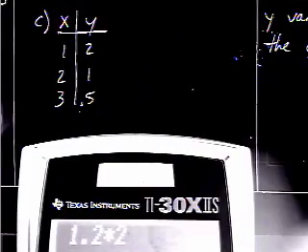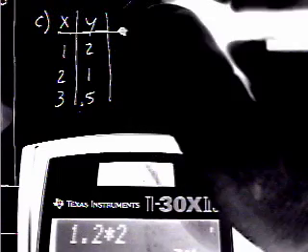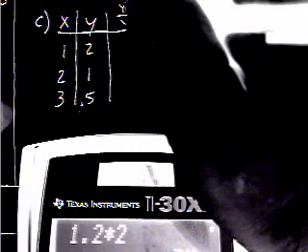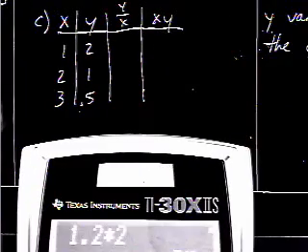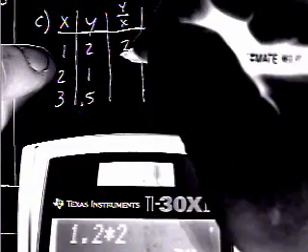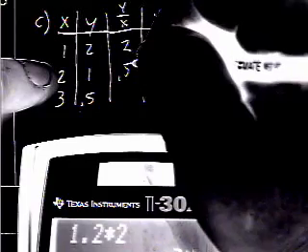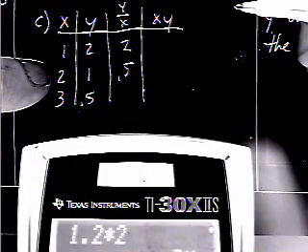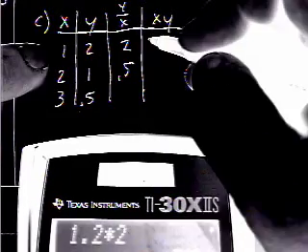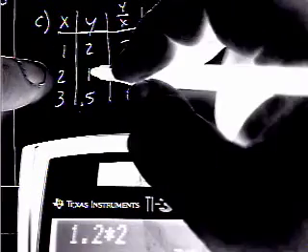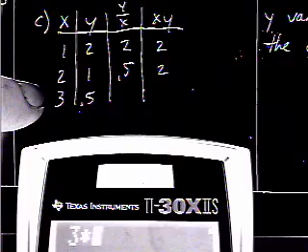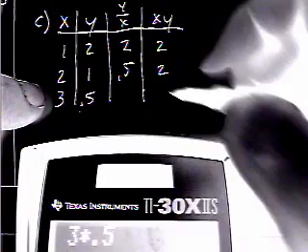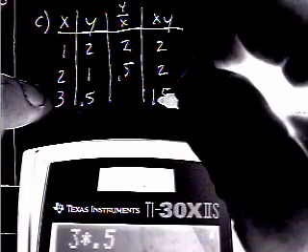All right, let's try it again. Obviously, 2 over 1 is 2. 1 over 2 is 0.5, so I can stop with that column because those two numbers aren't the same. 2 times 1 is 2. 1 times 2 is 2. 3 times 0.5 is not equal to 2.